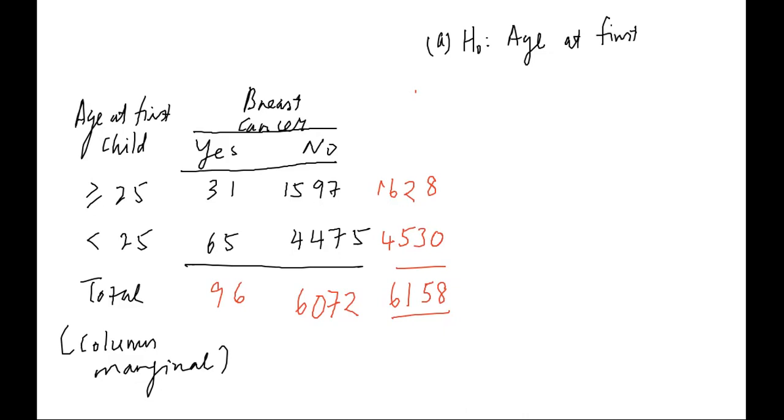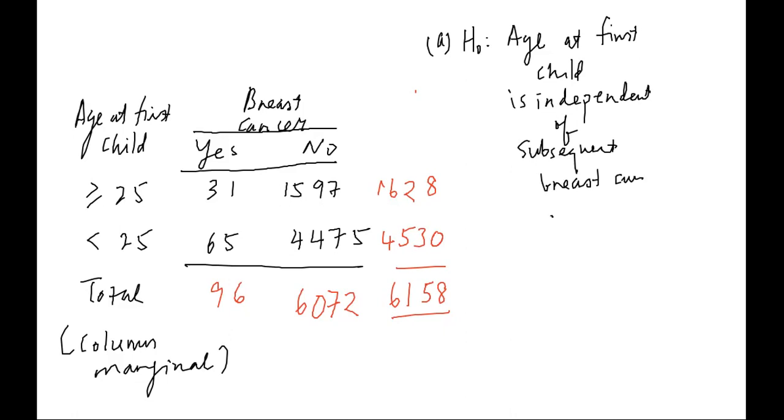That is, age at first child is independent of subsequent breast cancer, right? Your alternative will be is not independent, okay? It's very simple. The null is always independent, right? The alternative is the opposite, okay?